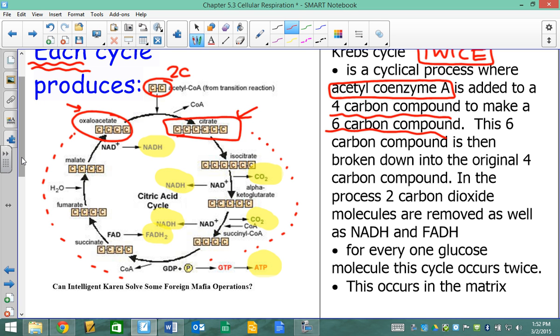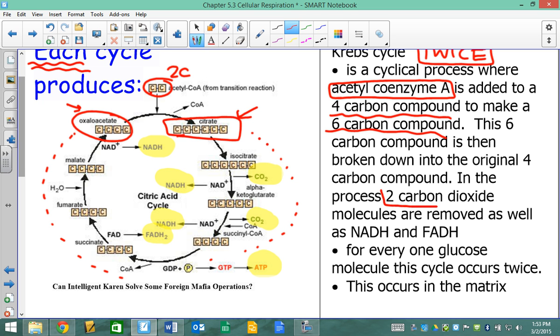See how I'm not focusing on what order everything is happening in here? I'm saying this 4-carbon thing grabs acetyl-CoA, they make something with 6, and then I break that thing back down to the original molecule. So this whole part, all the way around the circle, we're going to group together as what happens during the Krebs cycle.